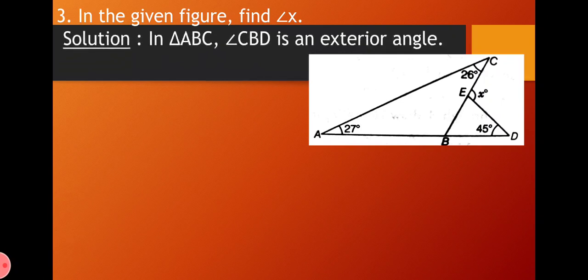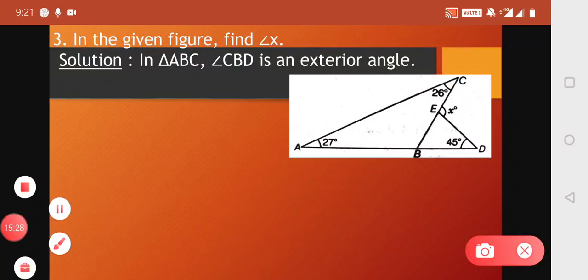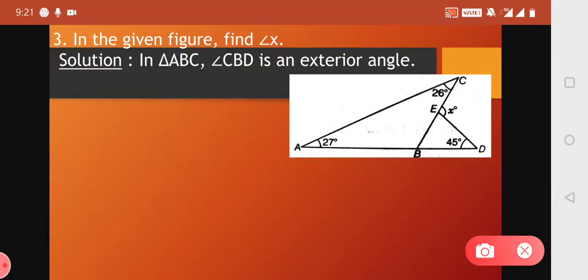Now for the solution, in triangle ABC, angle CBD is an exterior angle. First we select triangle ABC. When we select this as a triangle, we get angle CBD, this angle, as an exterior angle of triangle ABC.